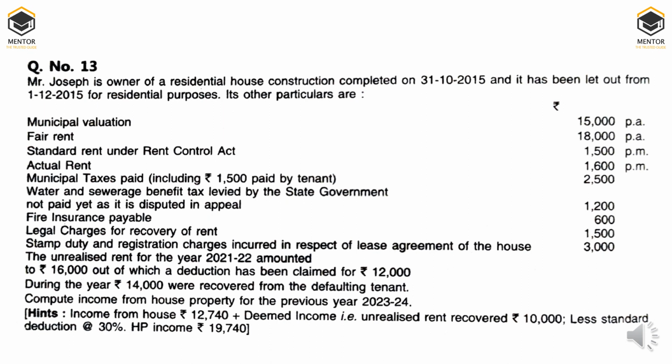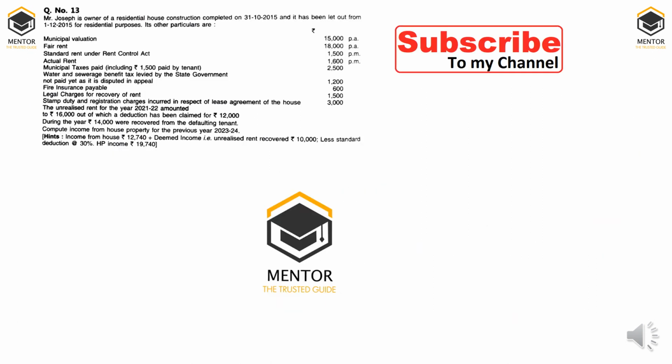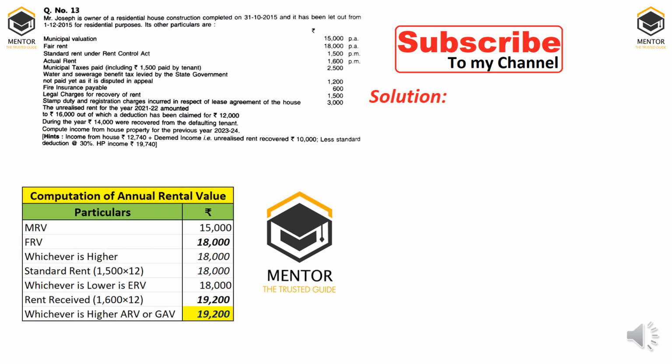Compute the income from house property of the previous year. So let's start this answer. First we take up computation of GAV: MRV, FRV, whichever is higher is compared with standard rent. Whichever is lower, 18,000 itself, is compared with actual rent received, 1,600 into 12, that is 19,200. Whichever is higher is called GAV. 19,200 is the gross annual value of the house property.